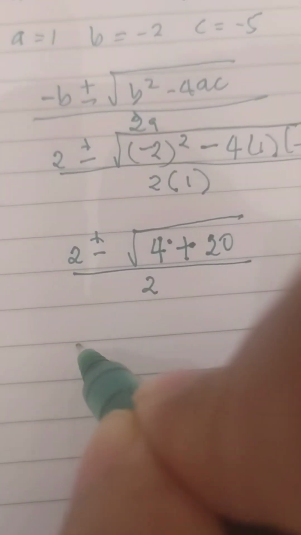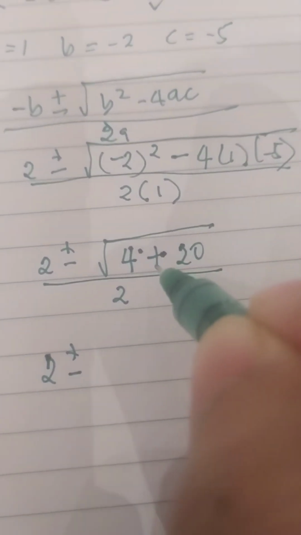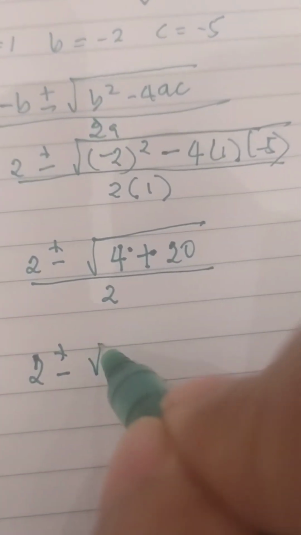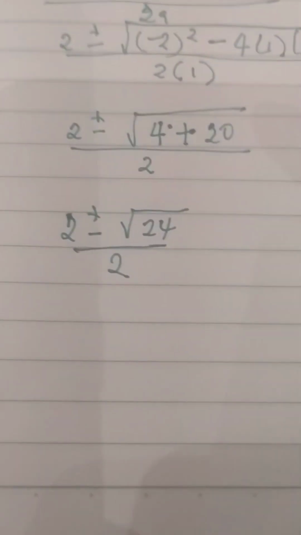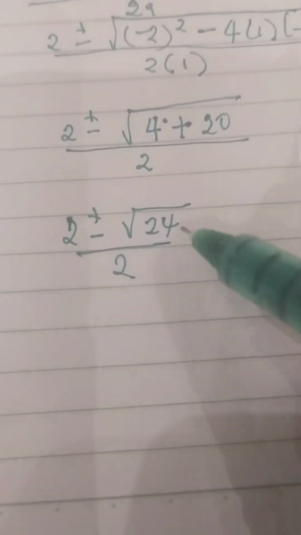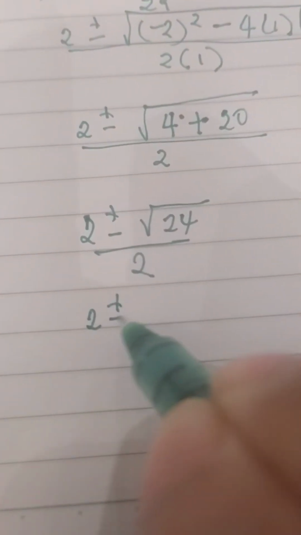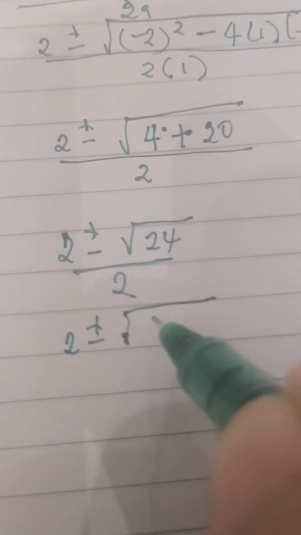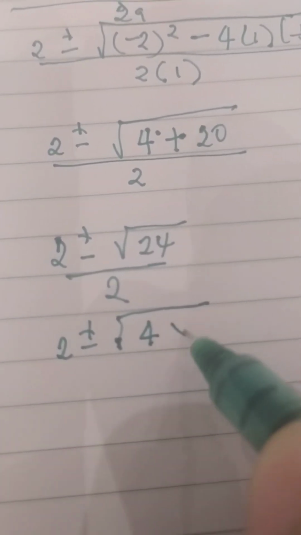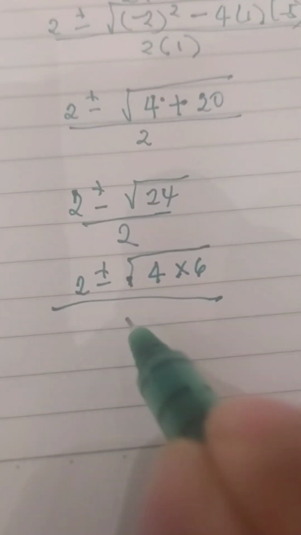So simplify it further, we have 2 plus or minus the square root of 24 over 2. Now, we can simplify this further. 2 plus or minus the square root of 4 times 6, over 2.